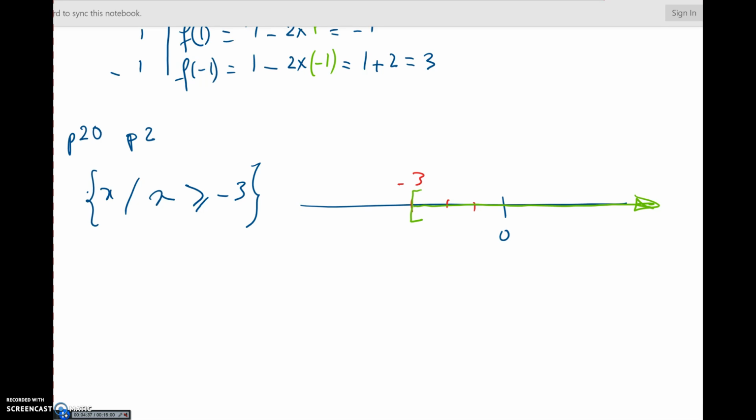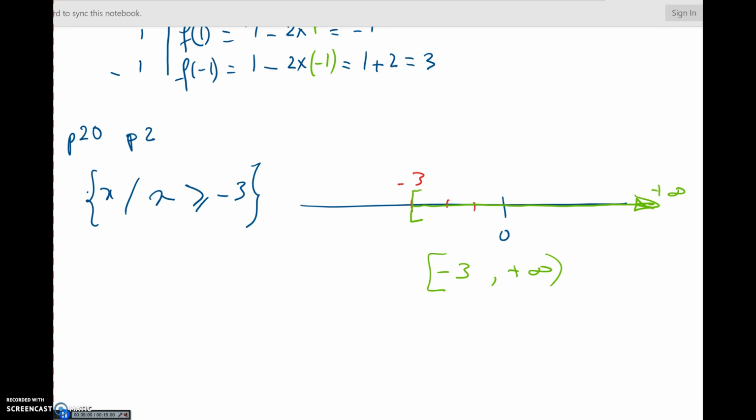Now my interval notation is going to be negative 3, plus infinity, because obviously I'm going toward plus infinity. Plus infinity always gets a parenthesis, and next to negative 3, I need a bracket with a comma right there.